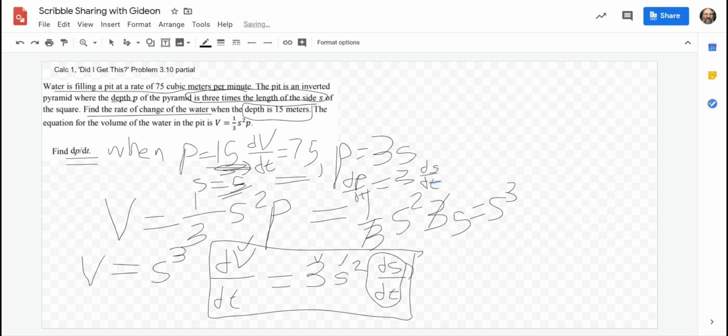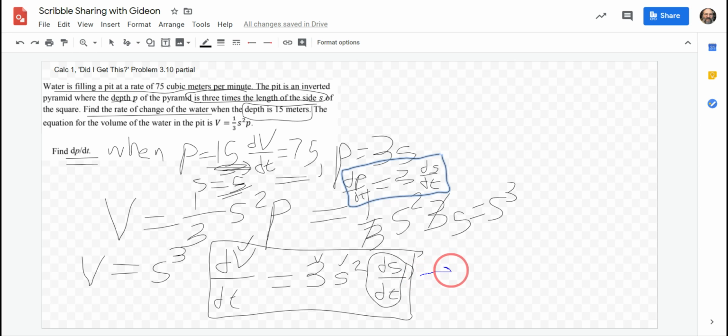So once we find ds/dt using this boxed equation, we can plug it in to find dp/dt. So this is the other necessary equation, which also came from doing related rates to an algebraic relationship.